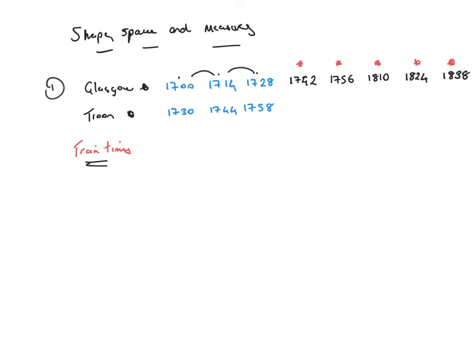Okay, so the service takes 30 minutes. So that's half an hour after 5:42. So that's going to be 18:12. Okay, so if you think about that, that's 42 to 52, and then 02, and then 12. Then 17:56, well, 10 minutes after that would be 18:06, and then 18:16, and then 18:26.